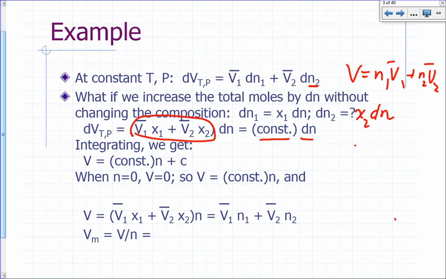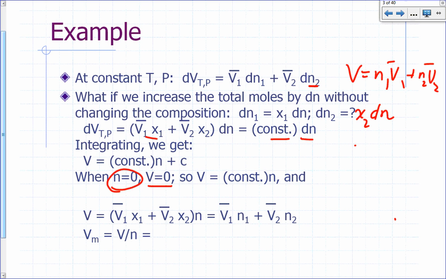So if we integrate both sides of our equation here, integral of dV and integral of constant dN, then you get V would just be equal to constant times N. Integral of dN is N plus an integration constant. Now, if N is 0, if you don't have any moles, then your volume is 0.